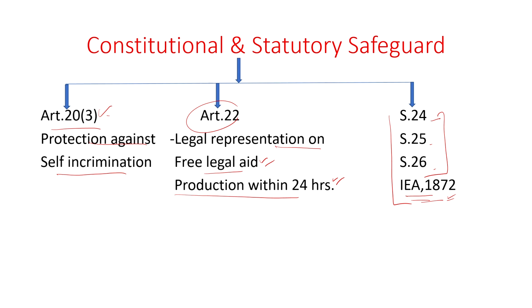So, you see how a confessional statement obtained by the investigating officer through threat or inducement will have no legal significance and will not be considered a piece of evidence according to this statute, because that statement is not voluntary.